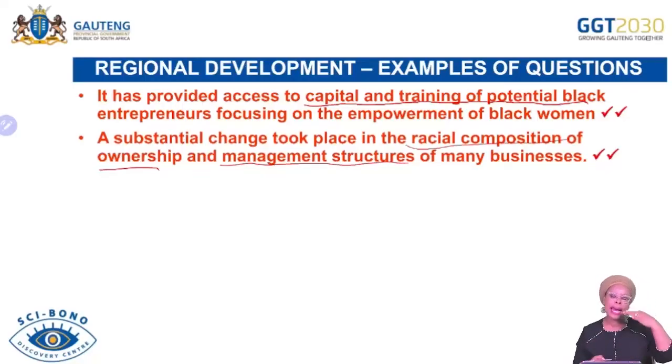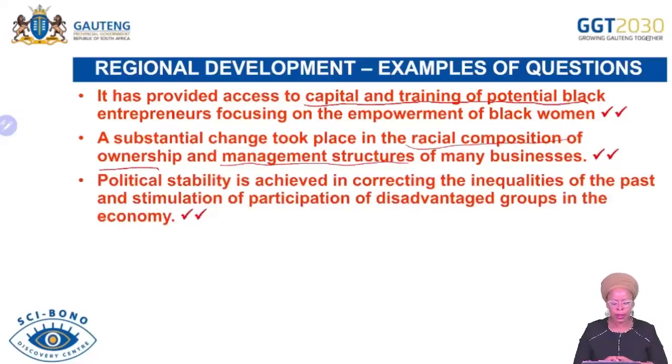You find that we have Blacks who are in managerial positions, coloreds and Indians as well. And through this particular policy, we see political stability, which aimed at correcting the inequalities of the past and by stimulating participation of the disadvantaged groups in the economy.